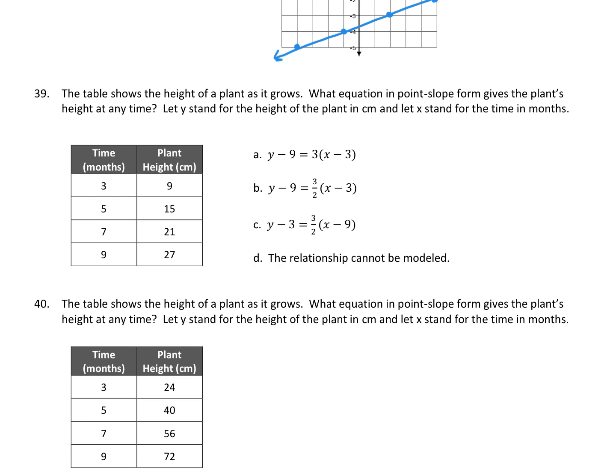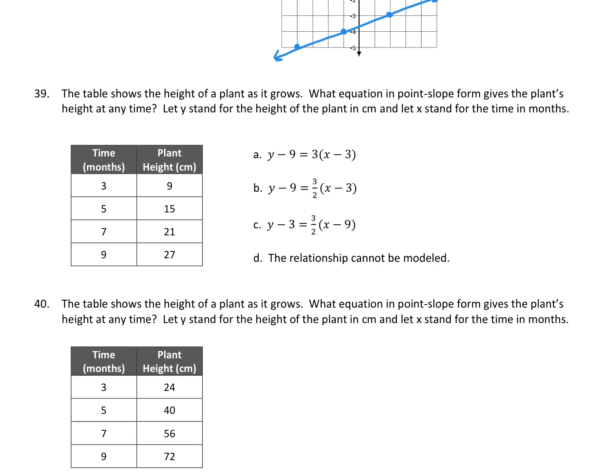All right. The table shows the height of a plant as it grows. So we can see our time is number of months and the plant height in centimeters. What equation in point slope form gives the plant's height at any time? Let y stand for the height of the plant in centimeters and x stand for the time in months.